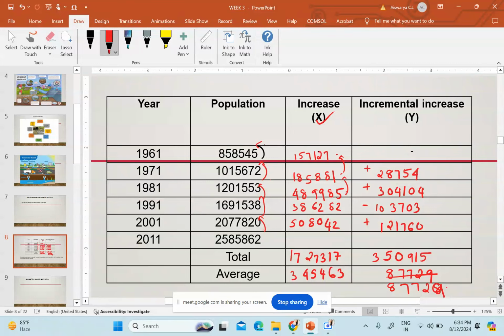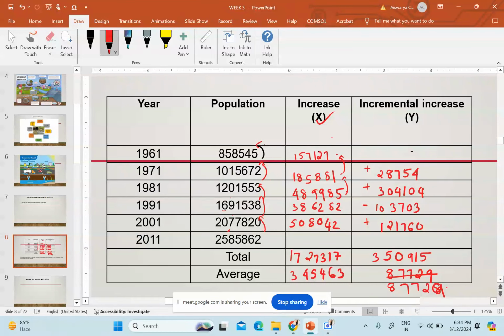See here, when you look at the population, it is first increasing. Then after 1990 it has increased till here, so there is a continuous increment in the rate.